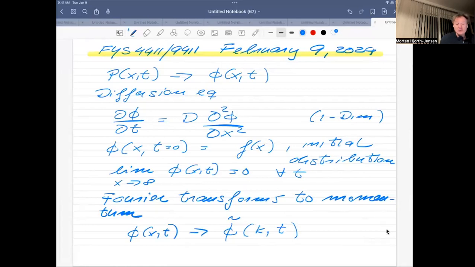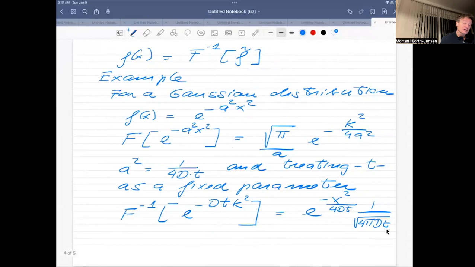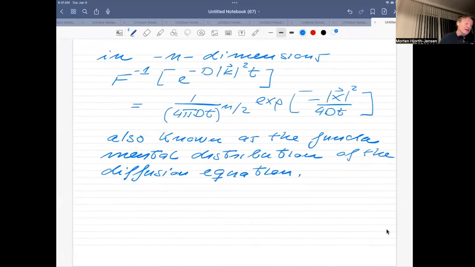Or it could just be a Gaussian. We don't need to plug in a statistical interpretation to that. But we know that the Gaussian lends itself easily to a statistical interpretation. So this solution which you see here is what we would call the basic solution to the diffusion equation.